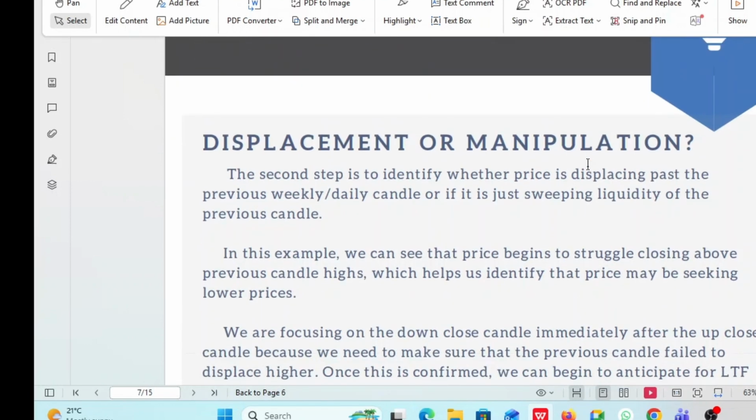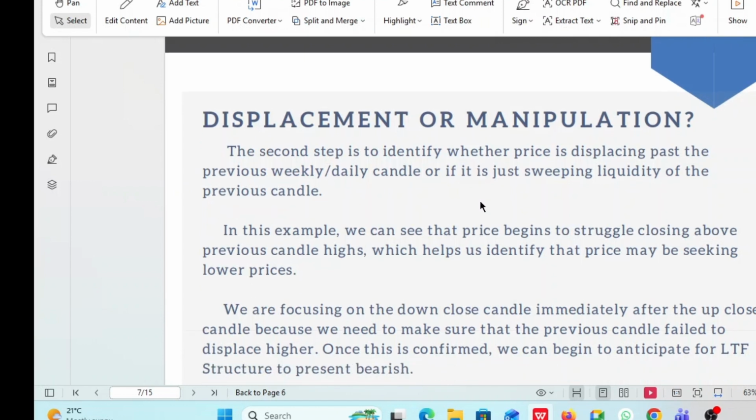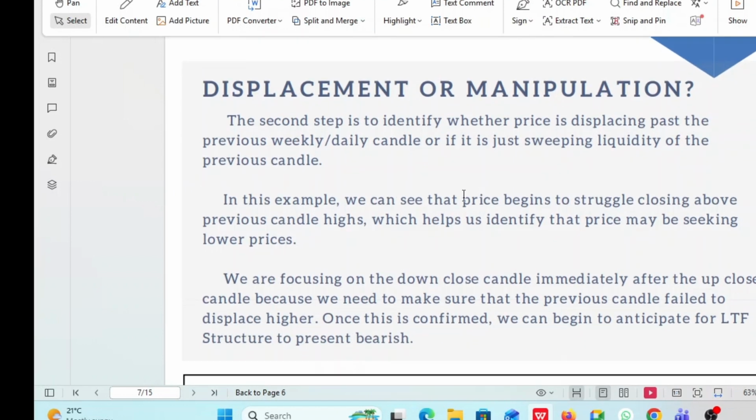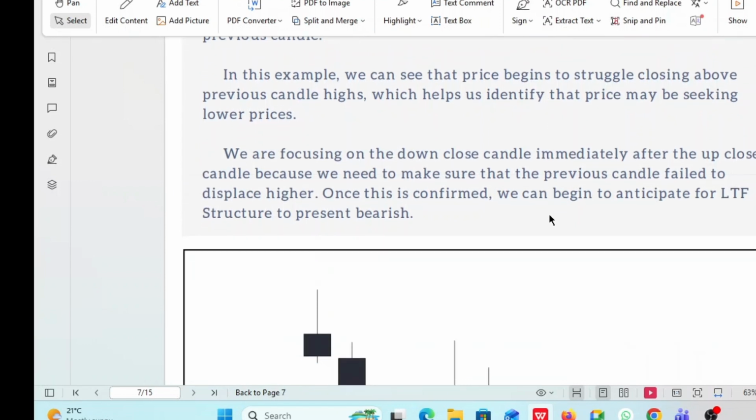The second one is displacement or manipulation. The second step is to identify whether the price is displacing past the previous weekly or daily candle, or if it is just sweeping the liquidity of the previous candle. In this example, we can see that the price begins to struggle closing above the previous candle highs, which helps us to identify that the price may be seeking lower prices.